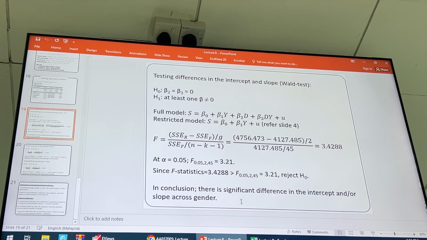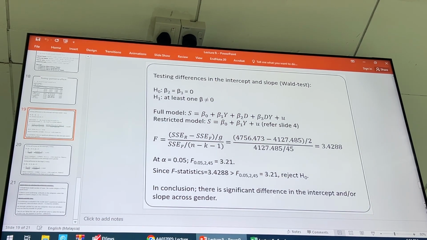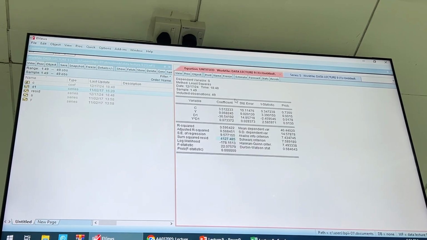For the full model just now, the SSE is given here, 4127. For the restricted model, you have to remove D1 and the interaction, and then take the sum of squared residuals.